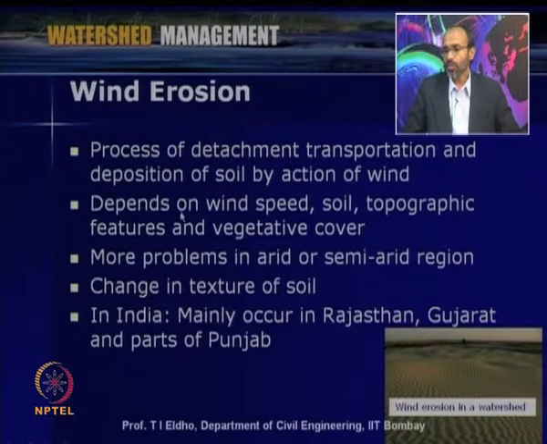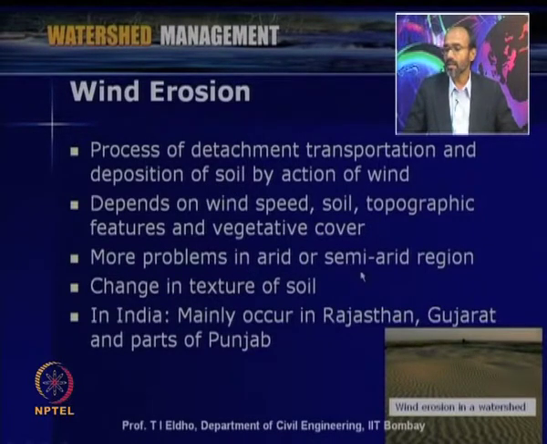As obvious, it depends on the wind speed, the soil type, topographic features and the vegetative cover. If there is a good vegetative cover, then wind erosion will be reduced.